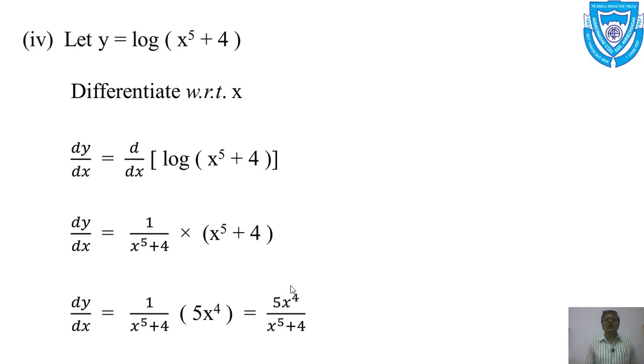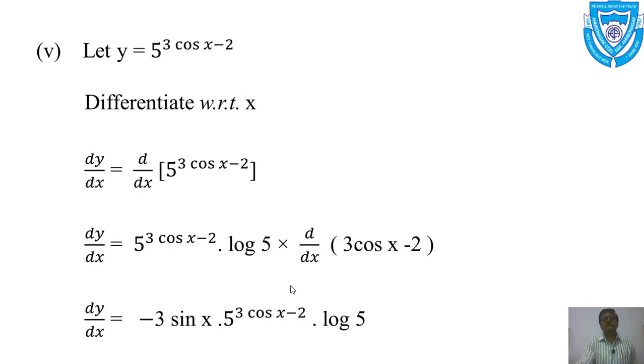Derivative of log of x raised to 5 plus 4 is 1 upon x raised to 5 plus 4 into derivative of x raised to 5 plus 4. Derivative of x raised to 5 is 5x raised to 4 and 4 is constant, its derivative is 0. So our answer is 5x raised to 4 divided by x raised to 5 plus 4.